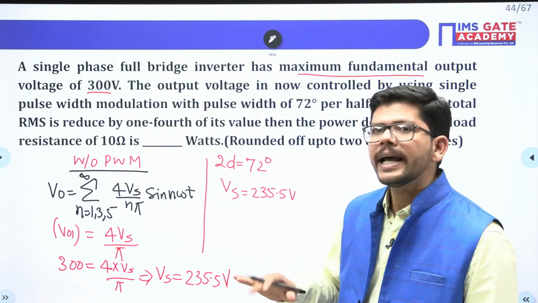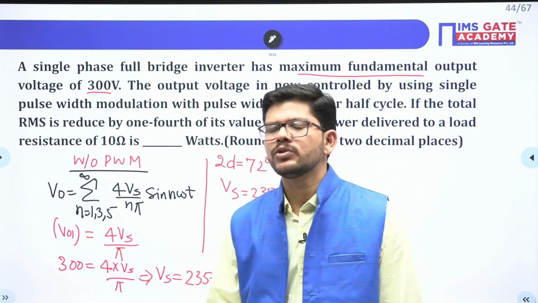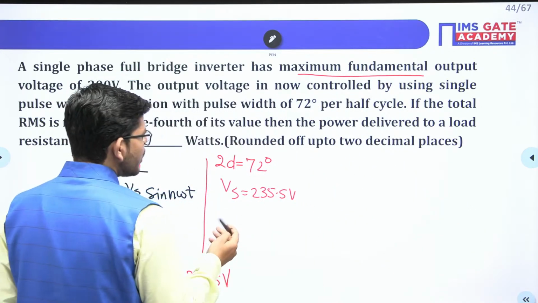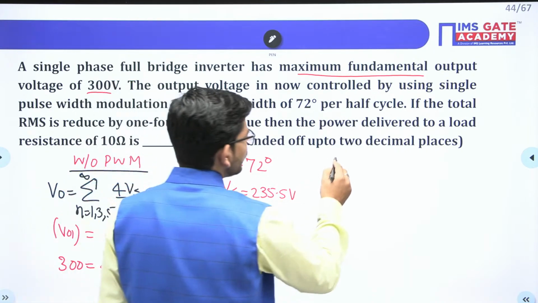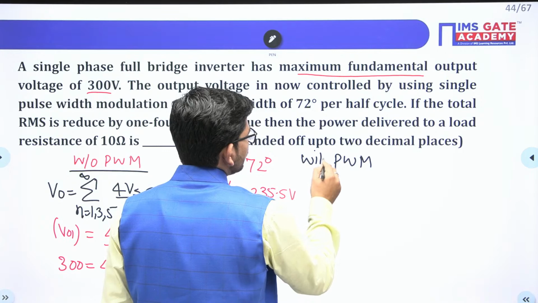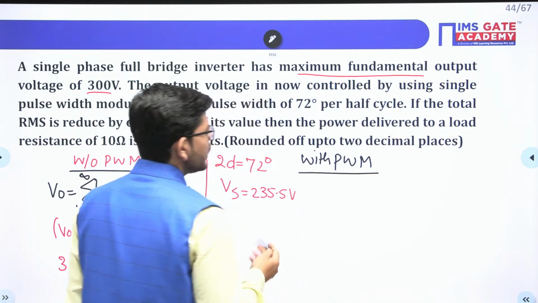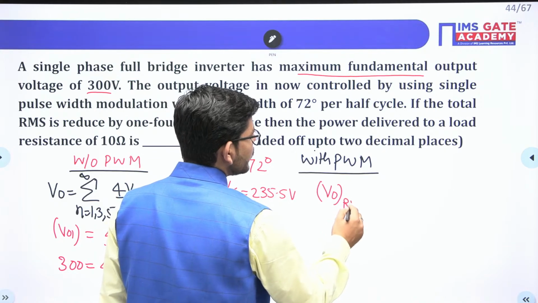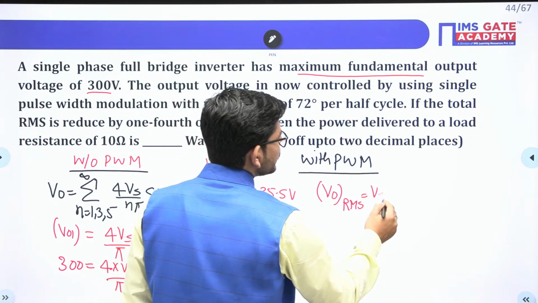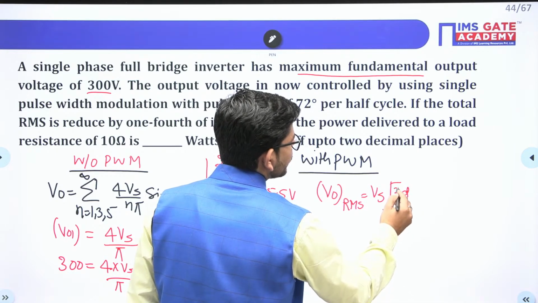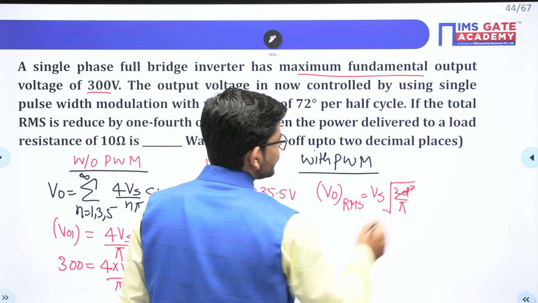Now we are employing the pulse width modulation. So with PWM, what will the total RMS value of voltage be? This is calculated by Vs under root 2D upon pi, where 2D is the pulse width that we have here.